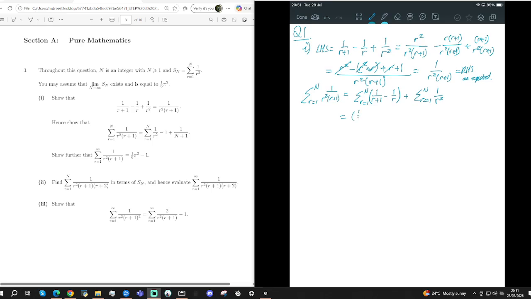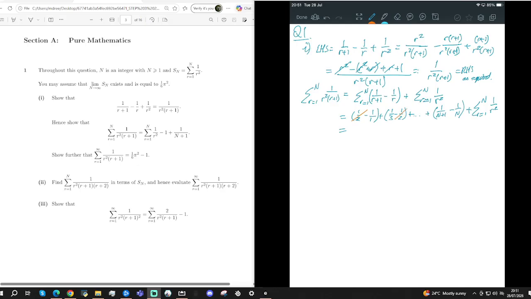So that's going to be a half minus 1 over 1 as the first term, plus 1 over 3 minus 1 over 2 for the second term, all the way to the final term, which will be 1 over n plus 1 minus 1 over n, plus that sum left over. But if you notice here, lots of things cancel out.